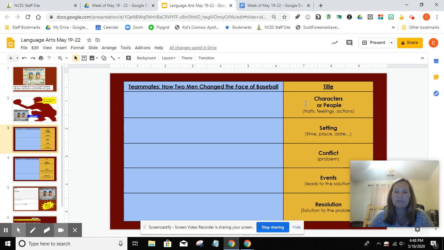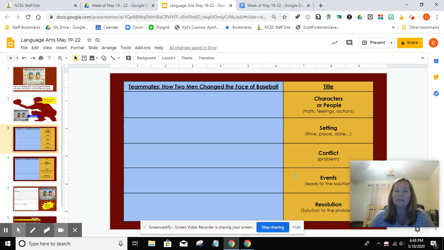So think about the characters, also providing traits and feelings and actions of those characters. The setting might be the time period in which this book took place, or maybe they even mention a specific date. So you might want to talk about that. And of course, the place, the location that is mostly mentioned. Think about the main problem that the characters are being faced with, and the events leading up to that solution.